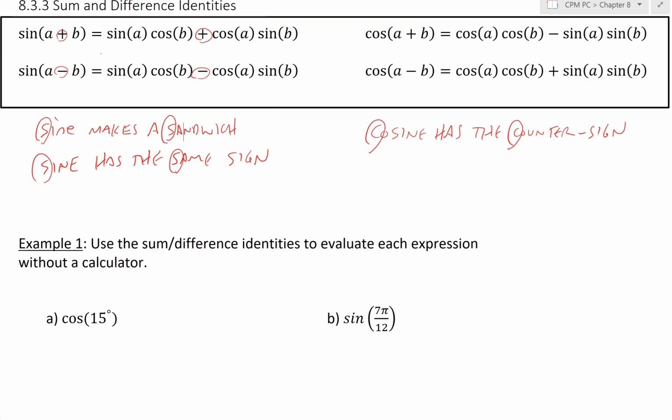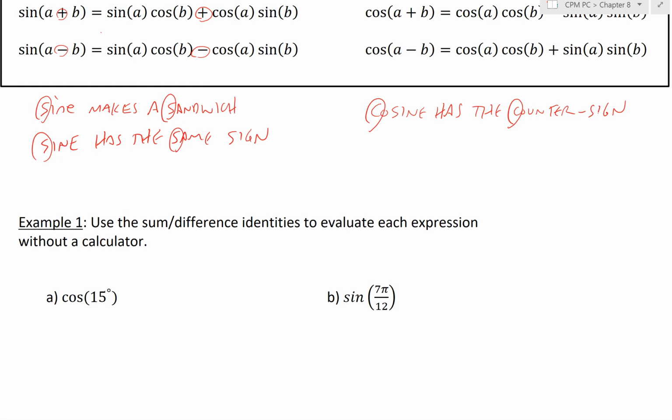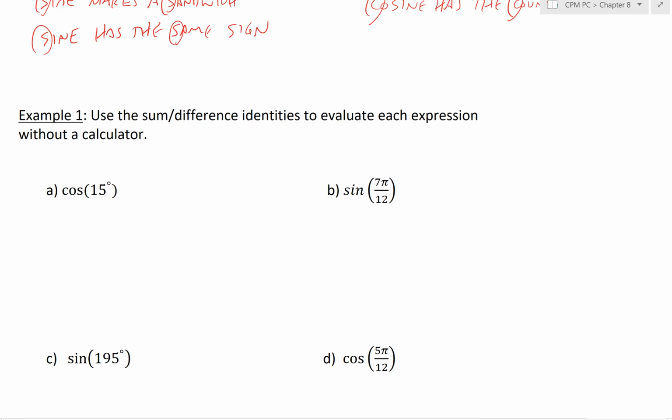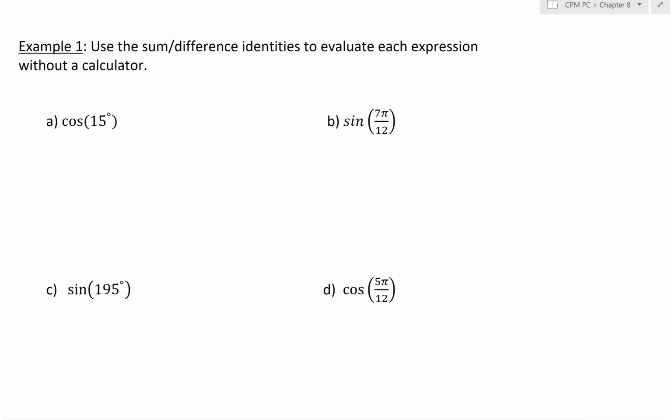So now we're going to do some examples on how to use those identities, okay? And so those identities will help us find exact values for sine, cosine, and tangent for some angles that we haven't worked with before. So up until now, using the unit circle, we've only done angles like 30, 60, 90, 45, and multiples of those, okay?